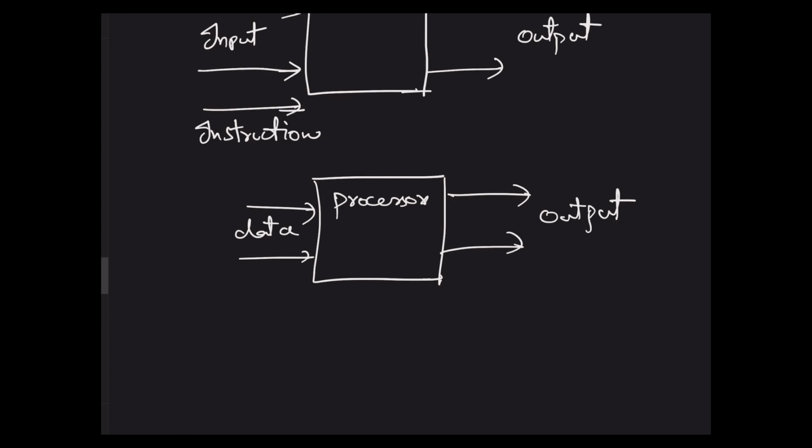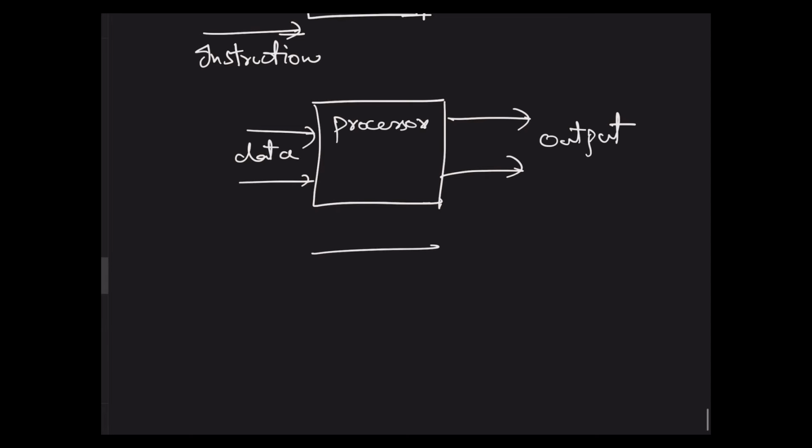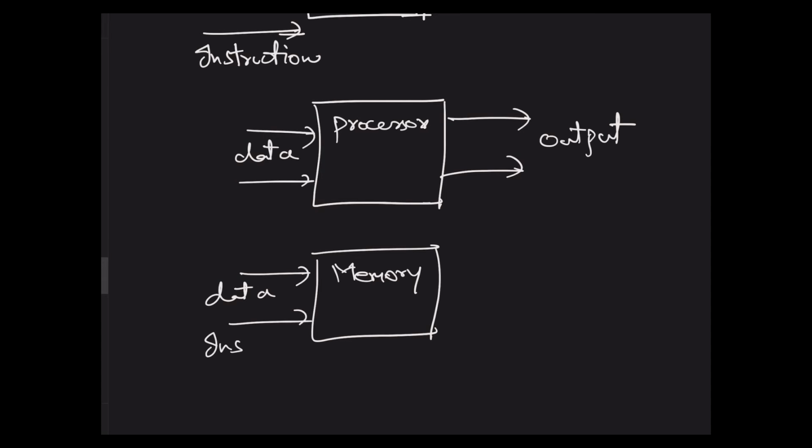So there needs to be some storage place to store the data and the instructions. So there is something called memory, which stores this data, and which also stores the instructions. The processor communicates with the memory.